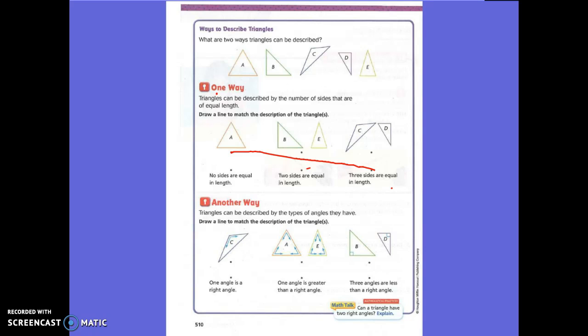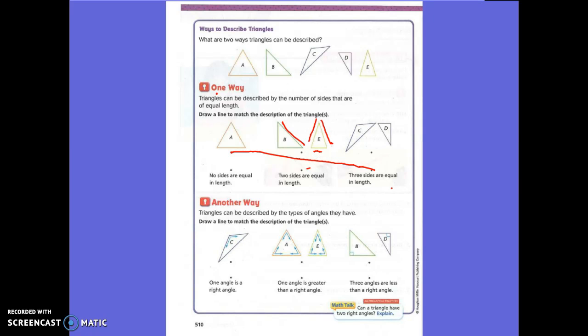Now B and E, you can tell not all those sides are equal in length. This one is much longer than the other two sides. And both these sides are much longer than the bottom.